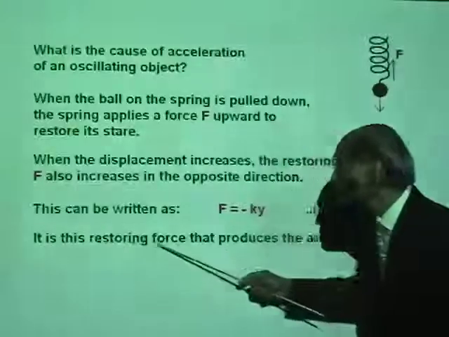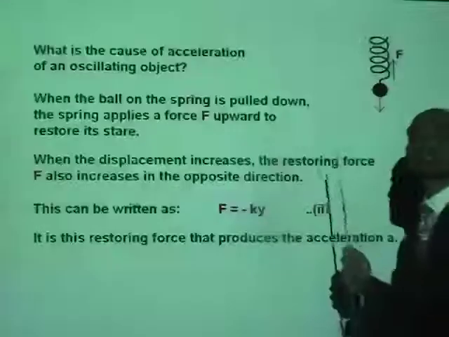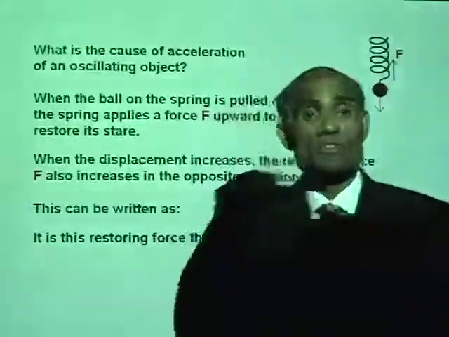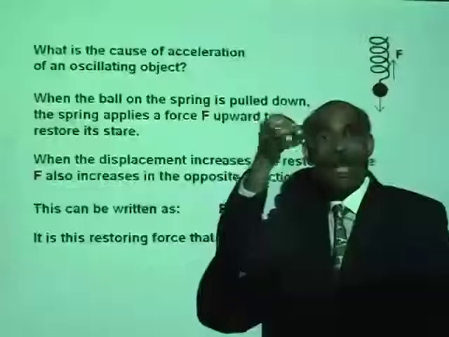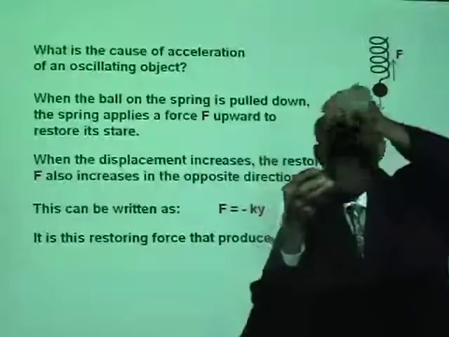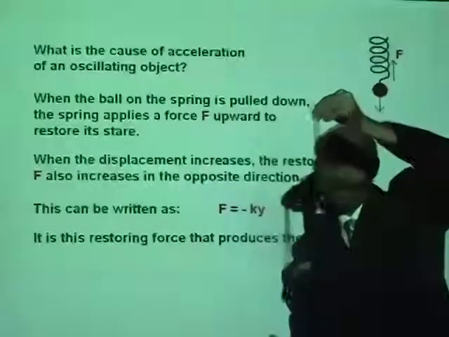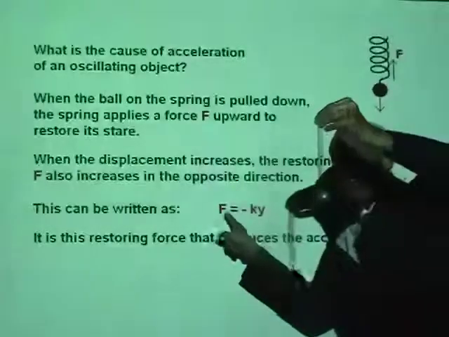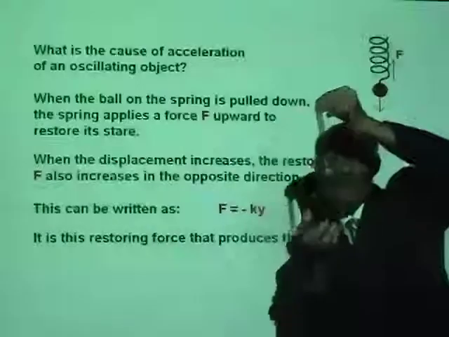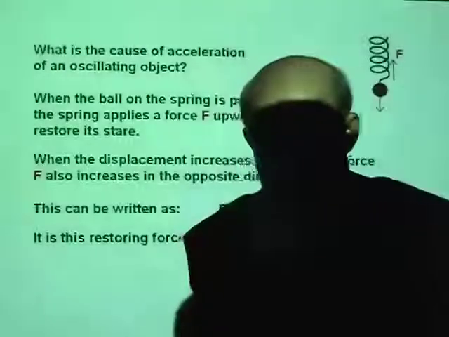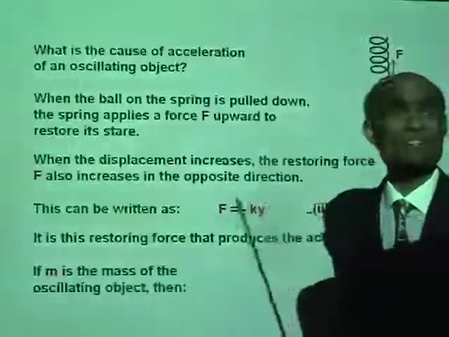Now, it is this restoring force that produces the acceleration. So, if this object has a mass m, and the restoring force F is pulling it upward, that F will be equal to ma, is that right? Where m is the mass of this object and a is the acceleration.